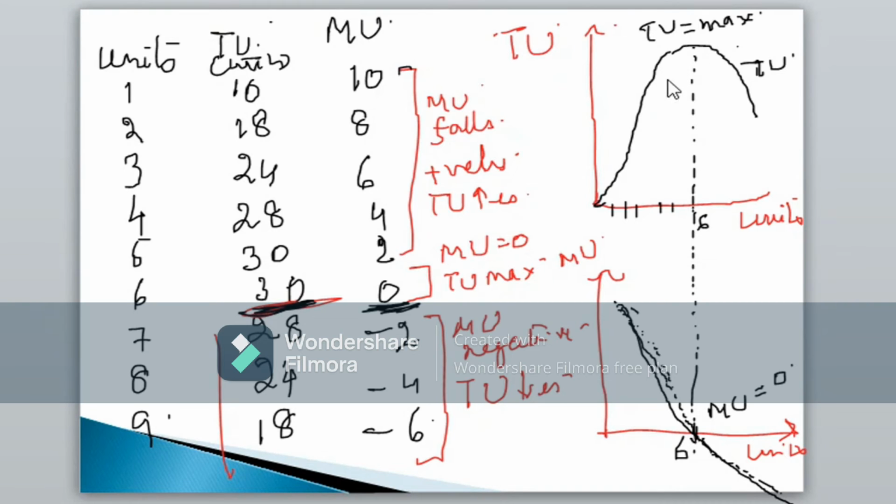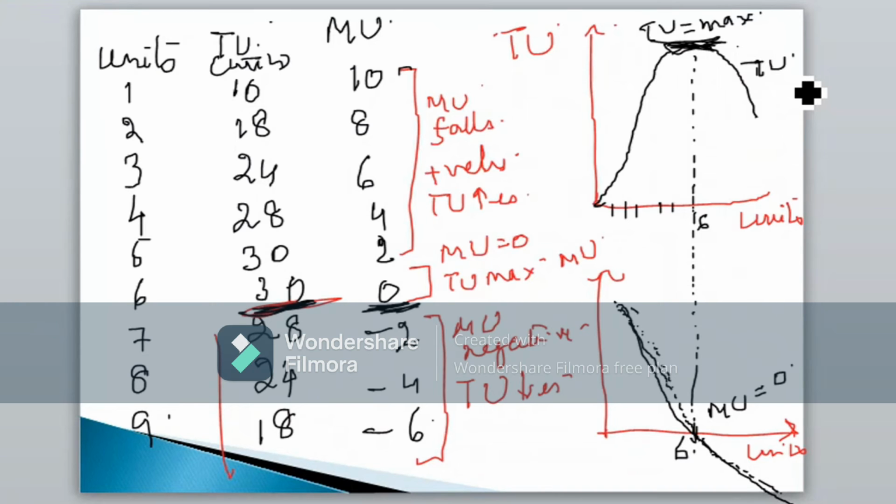So this is shown by this point. This point is called the point of saturation. Write it down. That is, the consumer gets the maximum amount of satisfaction over here.